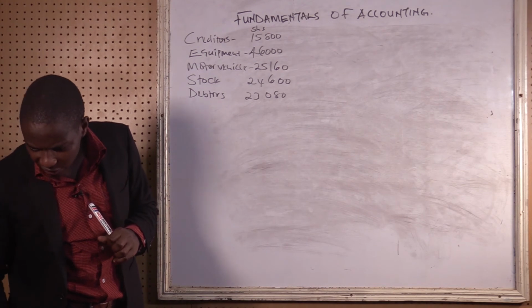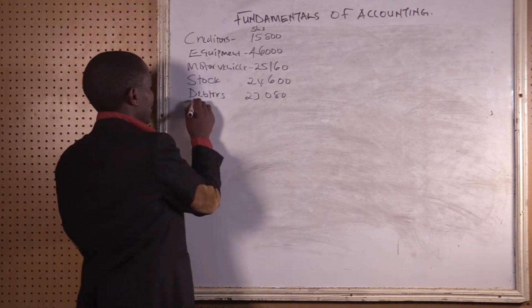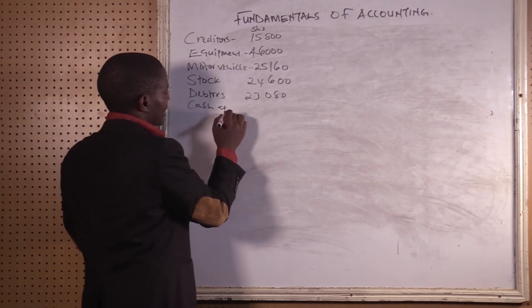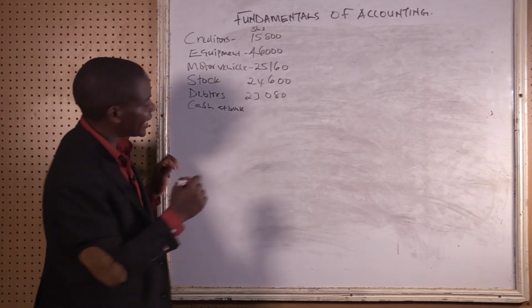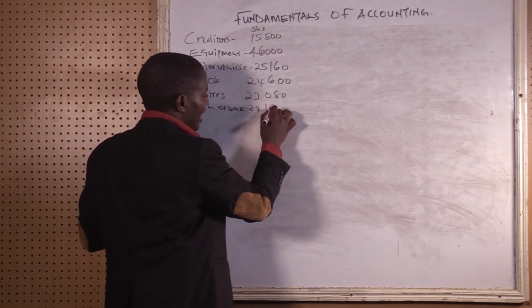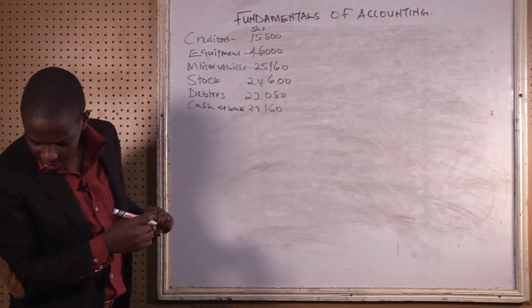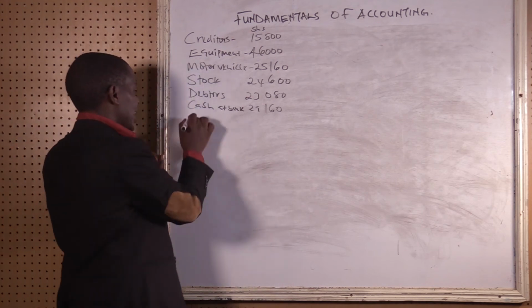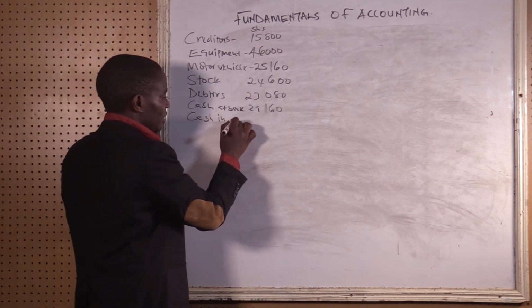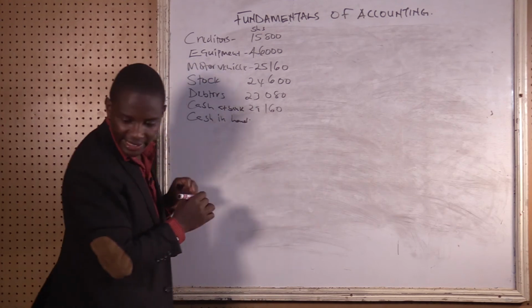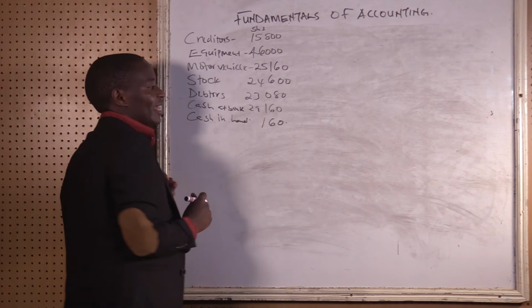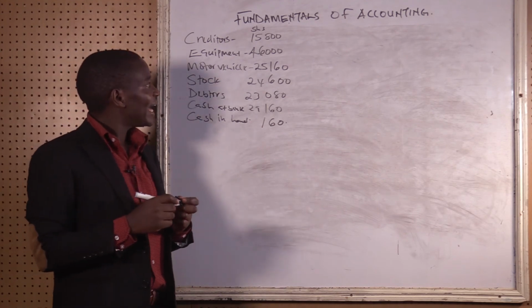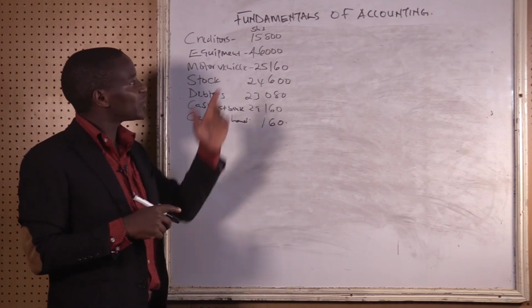Then we have also been given cash at bank, 29,160. Then we have cash in hand as 160.